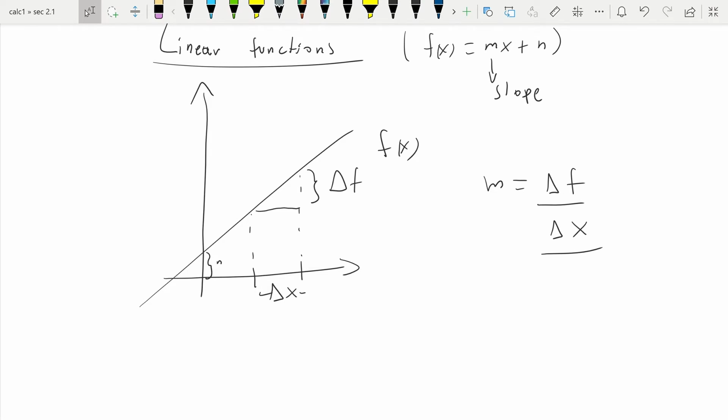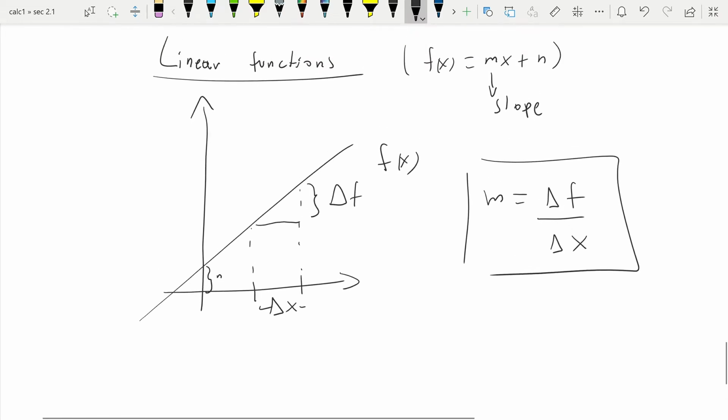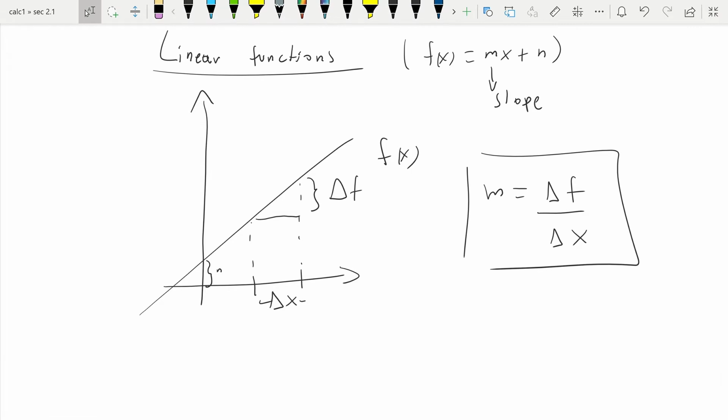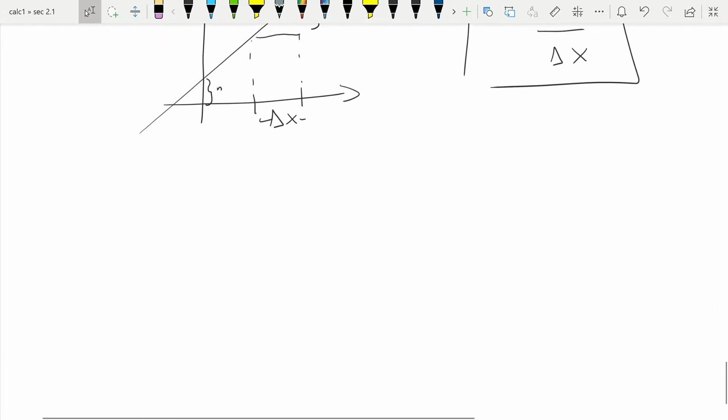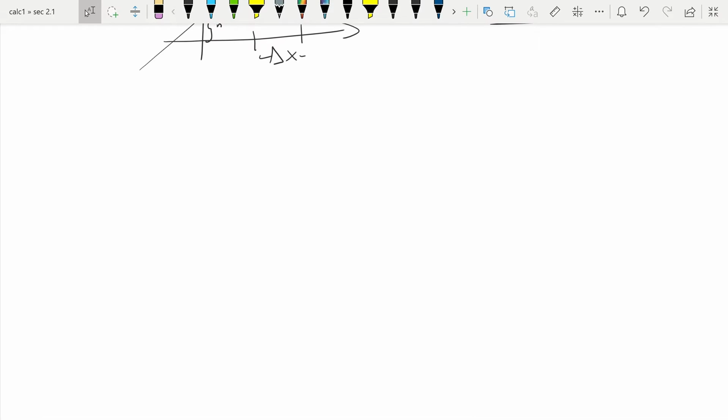Remember there are different formulas that we used in previous courses, but for the purpose of introducing instantaneous velocity, this is a good way to go. Okay, so now we know that the slope of a linear function is well defined. We can compute slopes of secant lines.